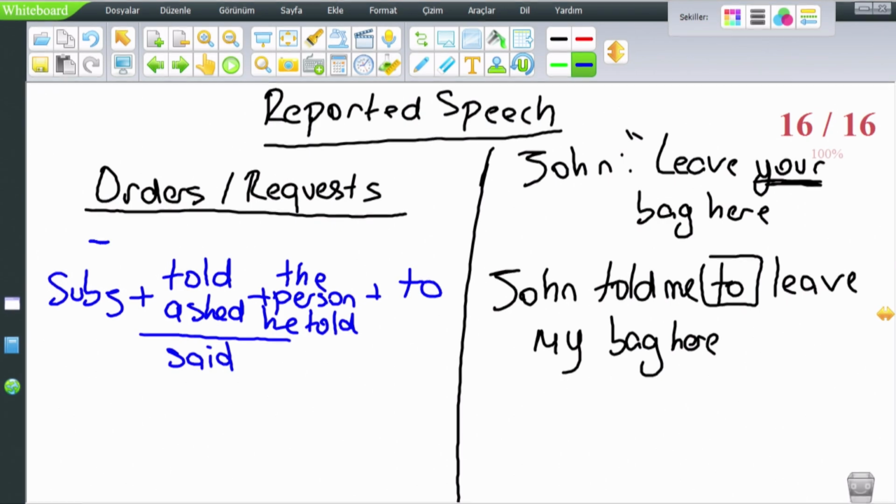And then, if I'm talking about an affirmative request or an order, I use to, then our verb one, and if we have an object, place, or time, I can add them also to the sentence. But be careful when we're transforming the possessive adjectives, object pronouns, possessive pronouns, or subject pronouns; you have to transform them. Also, the time expressions.